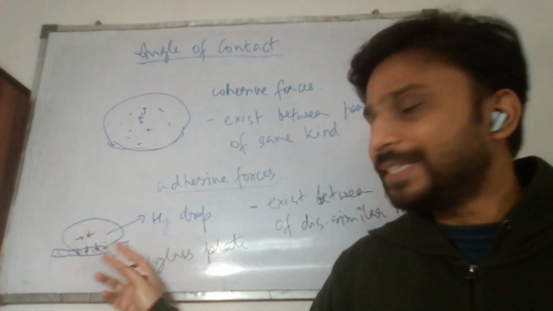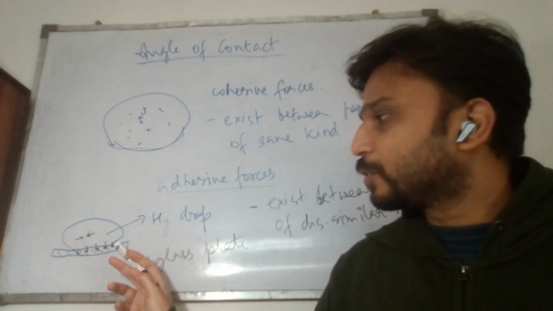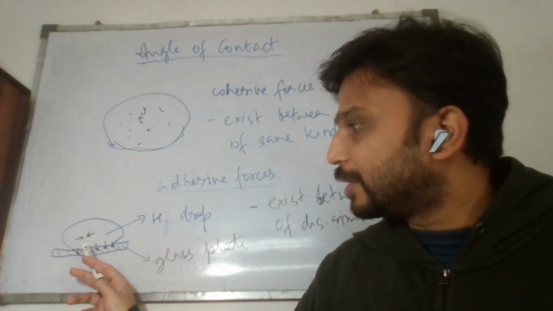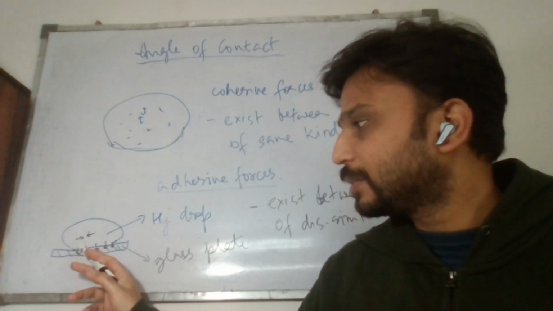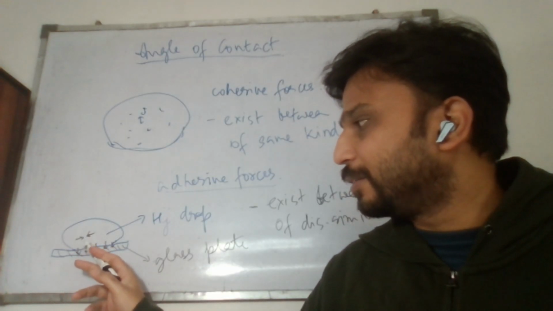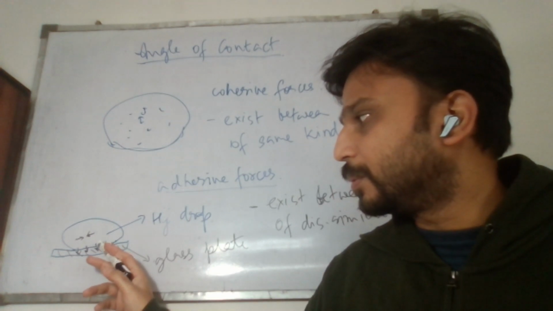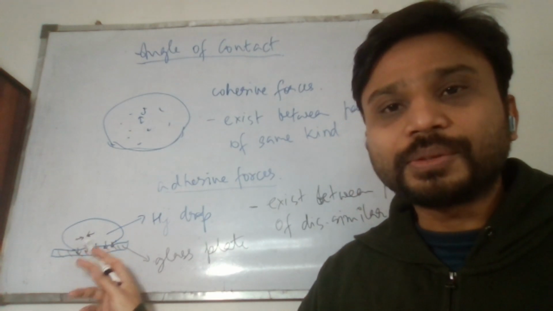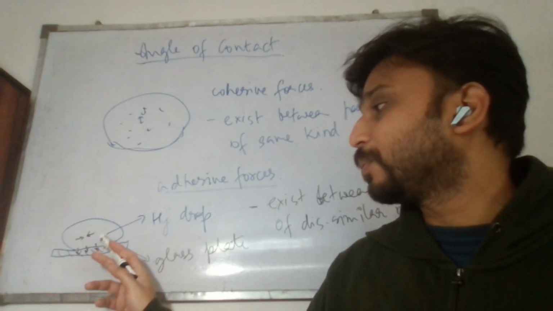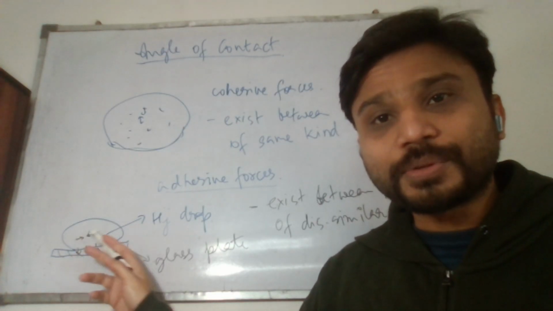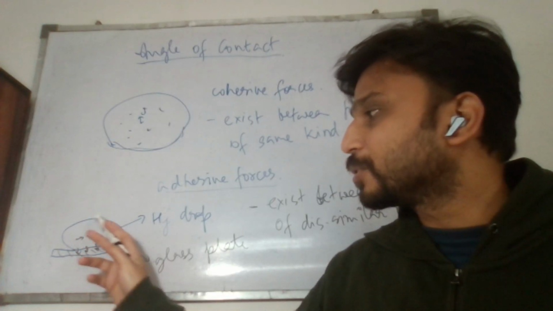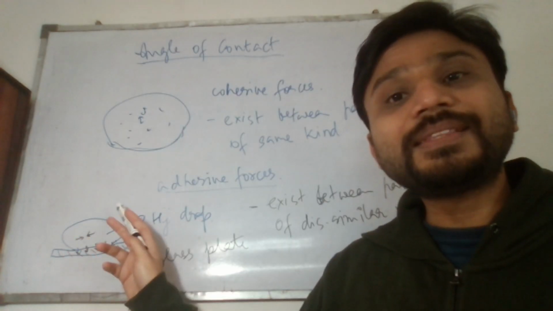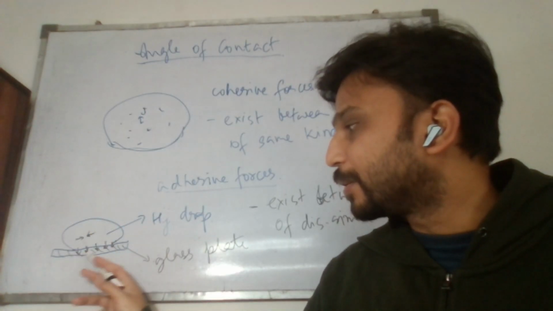This is because the adhesive forces are getting attracted towards the glass plate, but this attractive force is not strong enough in comparison to the internal forces of the liquid drop. The internal forces of the liquid drop are so strong that they are minimizing the surface of the mercury with the glass.